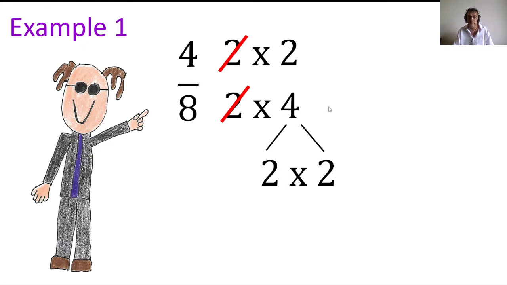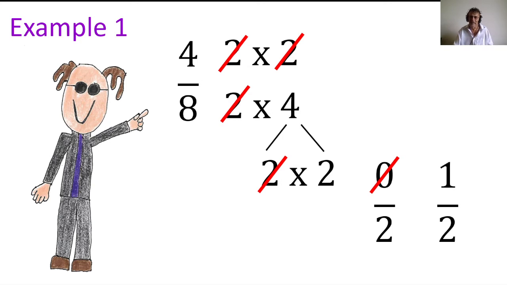So we can cancel 1, 2 on each. So that gives us 0 2's. But what did I say about having a 0 half? How can you have a 0 portion? Change that to 1 half.